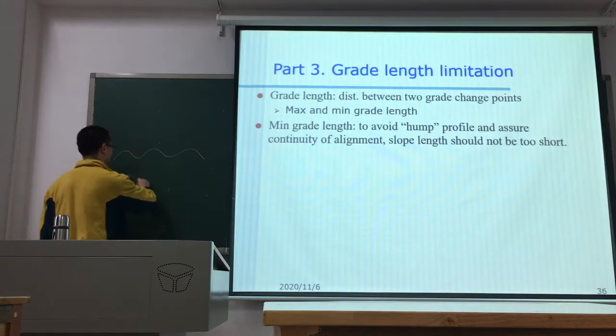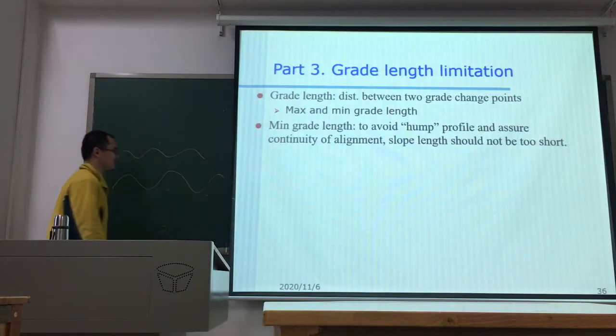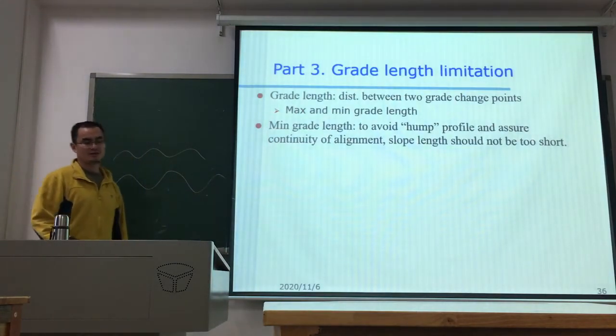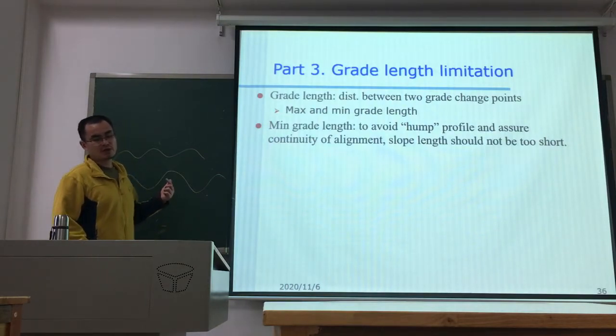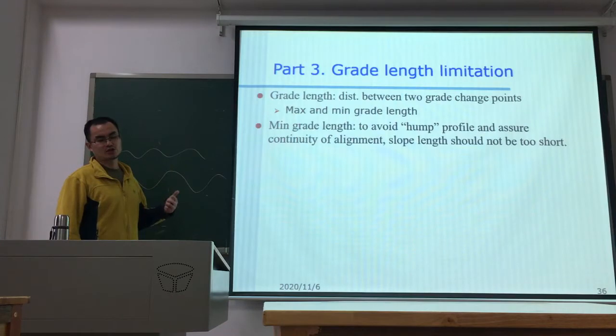Minimum grid length is to avoid hump profile and assure continuity of alignment. Slope length should not be too short.